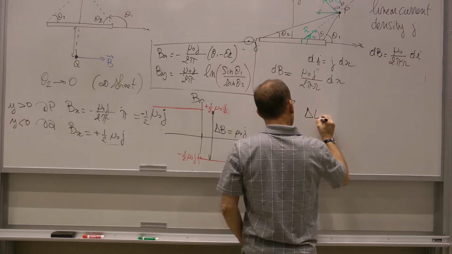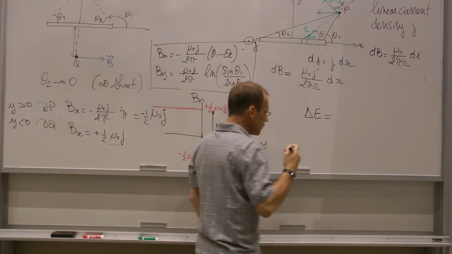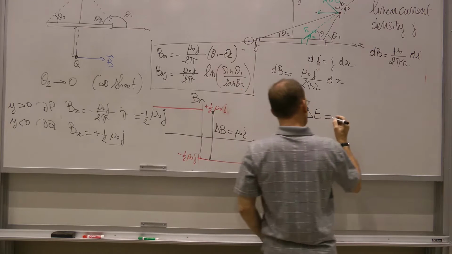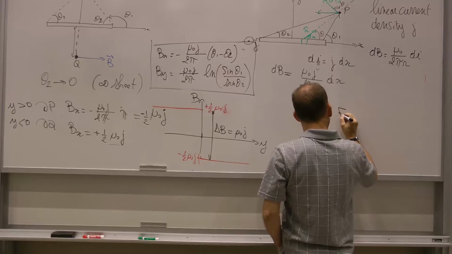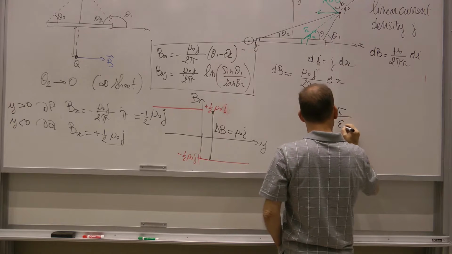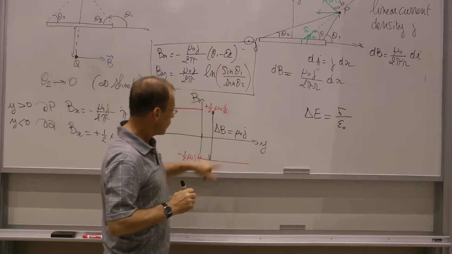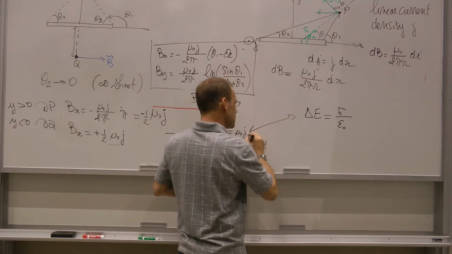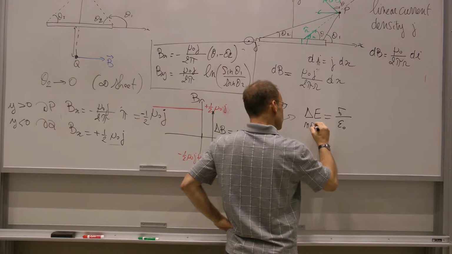When measuring the electric field across a sheet of surface charge, we found that the difference between the two fields was equal to sigma over epsilon 0. Whereas here we have mu 0 j. So these expressions are very similar, except that this is for the normal field.